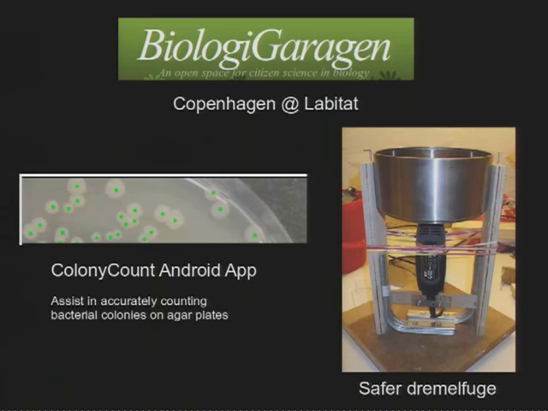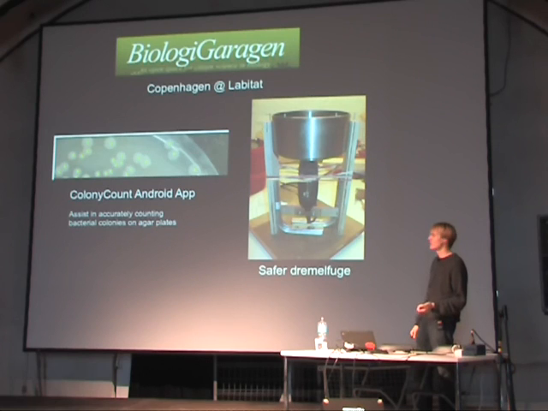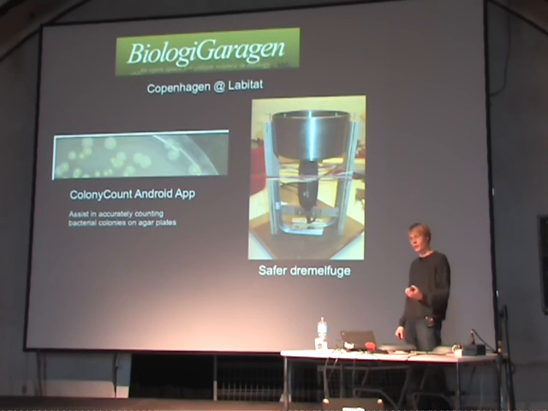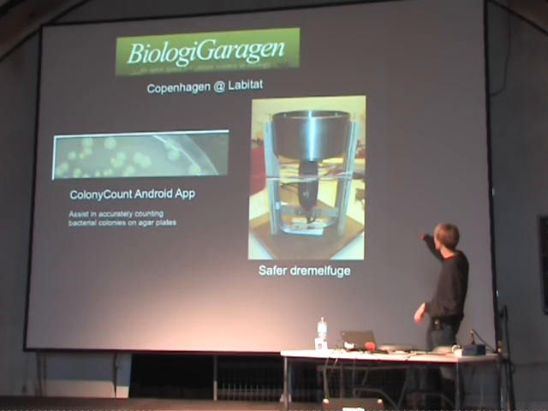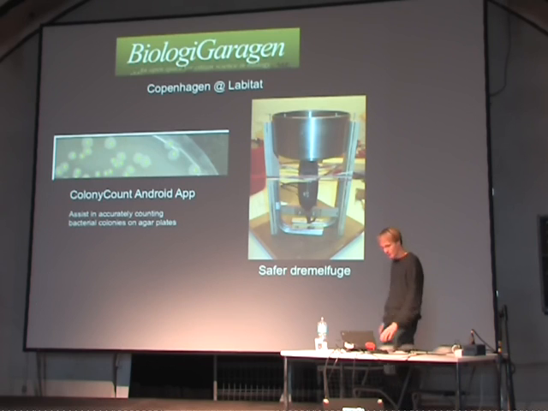If they're not growing very well, you don't see a lot of colonies. So this is an application where you take a photo and it assists you in counting the colonies really quickly and then doing some calculations to figure out the concentration and how well they're living. We also have this safe dermalfuge, so I'll get to the dermalfuge later, but basically it's a home-built centrifuge that was improved to not kill you.